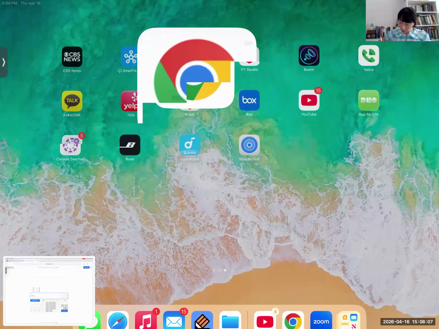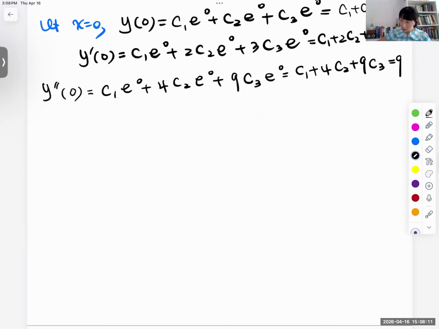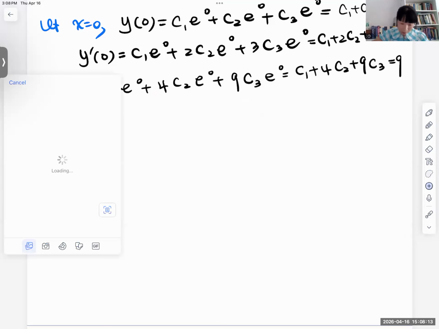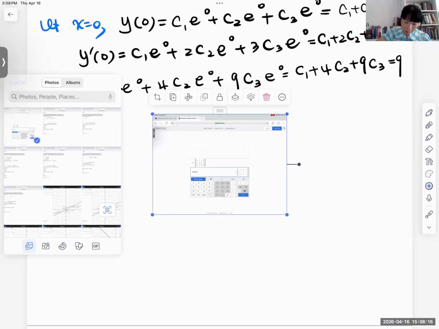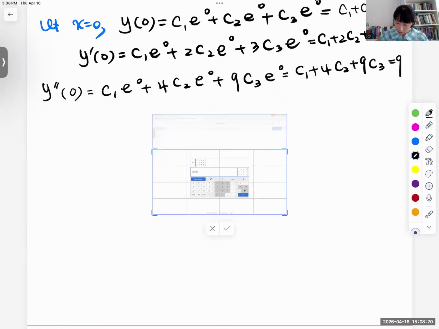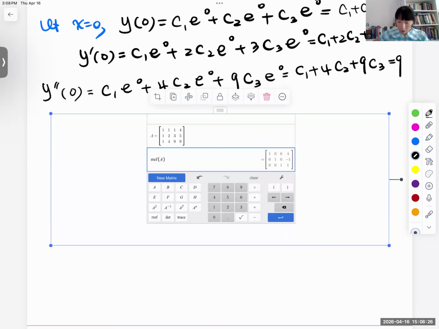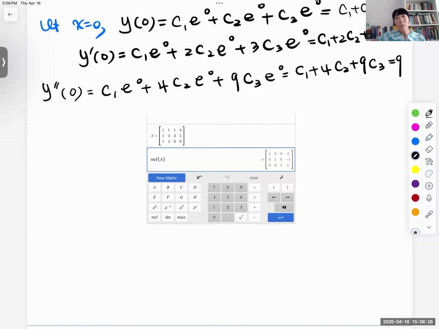Okay, so we get this. All right, so c sub 1 equal to 4, c sub 2 equal to, that means, right?